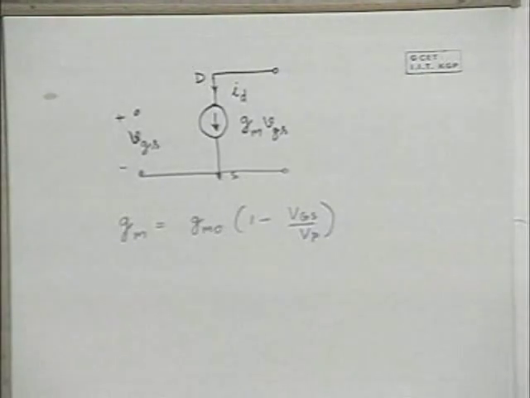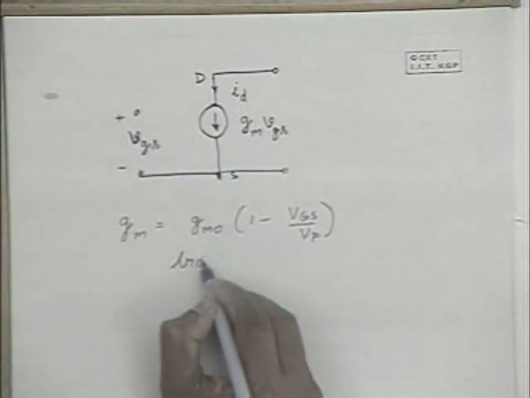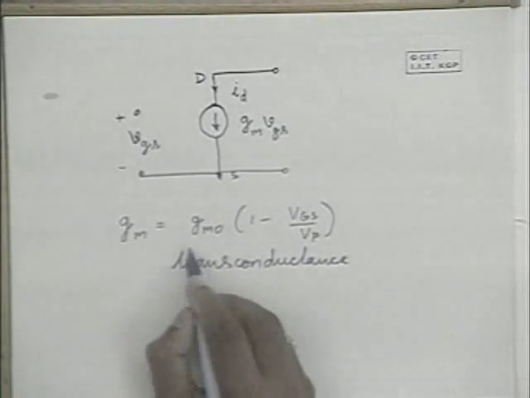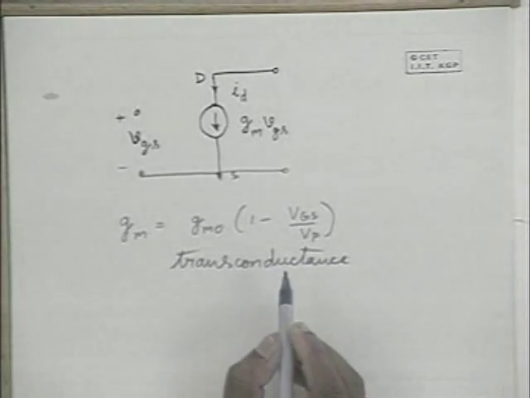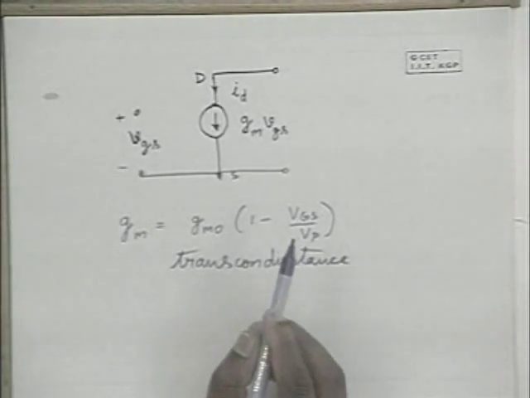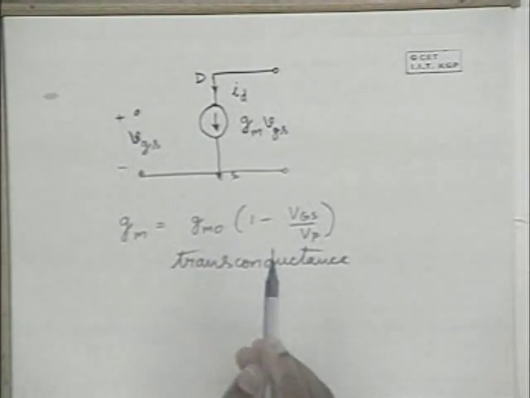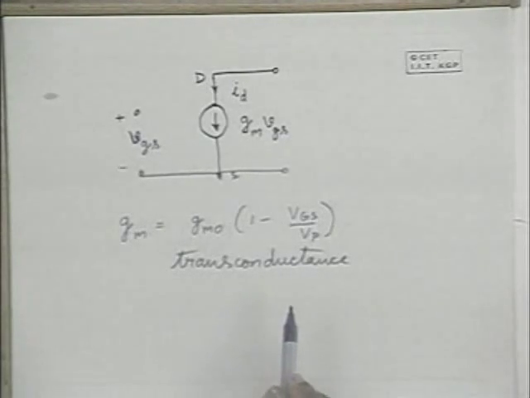And this gm is known as the transconductance because it is the conductance between an output current and the input voltage. It is known as transconductance, and it is of the order of a few micromhos to a millimho.